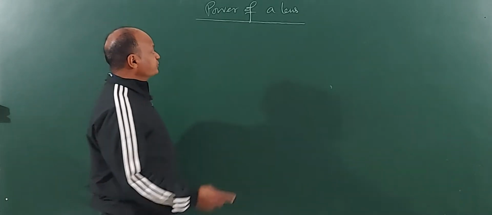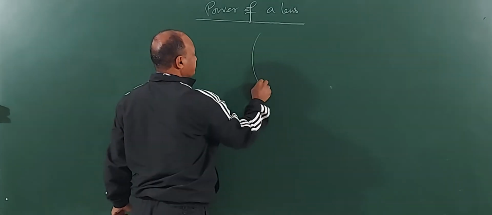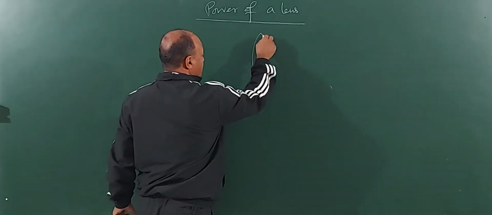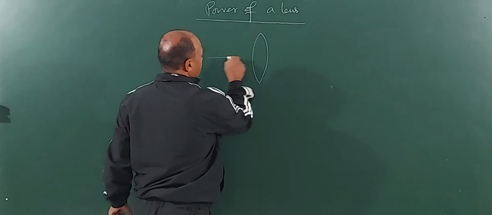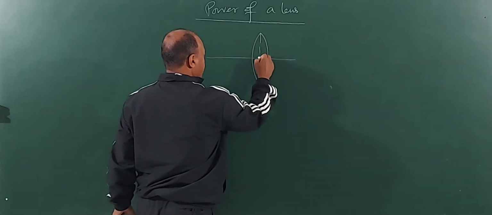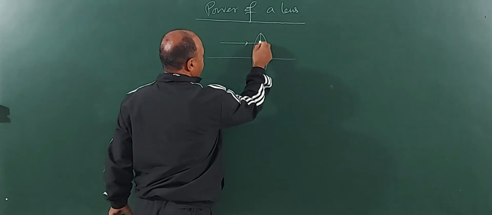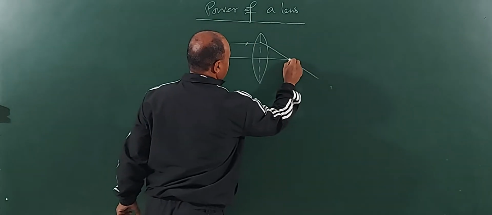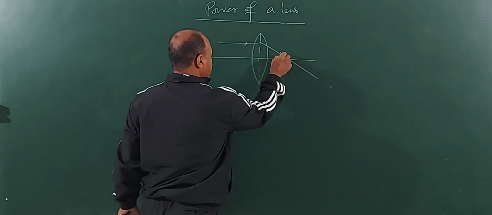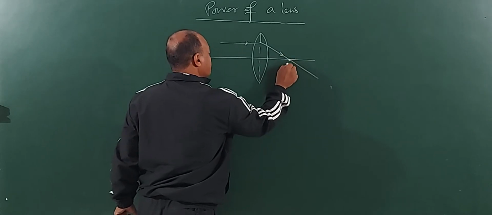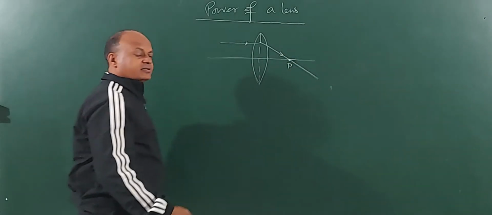Let us understand it. Suppose I give you two lenses. One lens is this, which is relatively more thick. A ray of light is passing through it and, after refraction, is bending and passing through a point P on the principal axis.